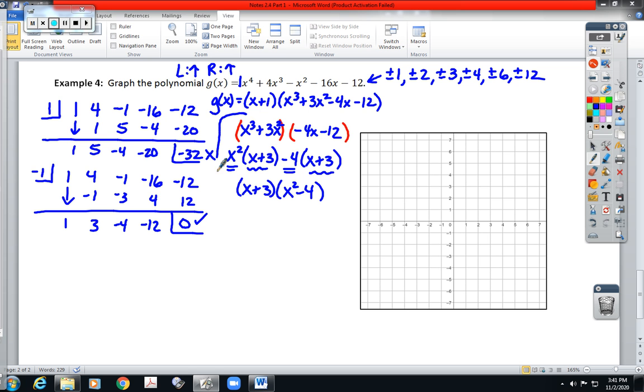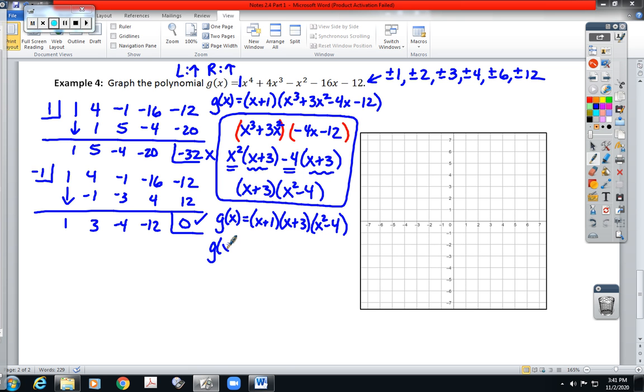Okay, so this is like side work, as it were. So g of x can be written as x plus 1 times x plus 3 times x squared minus 4. Well, x squared minus 4 is a difference of two perfect squares. That factors again into x plus 2 and x minus 2. So now we have it fully factored.